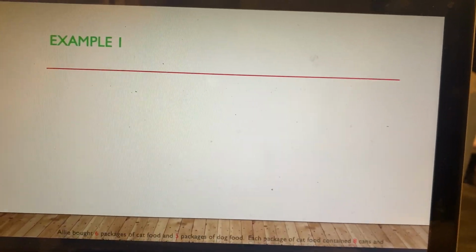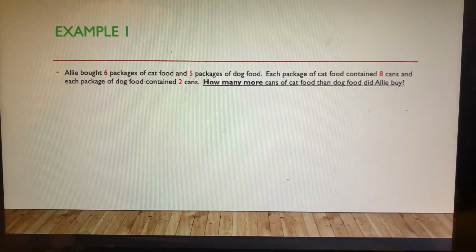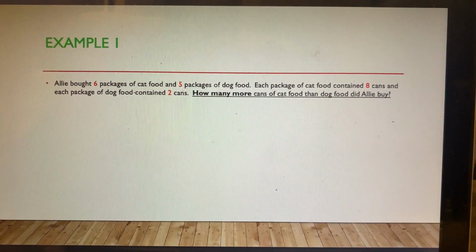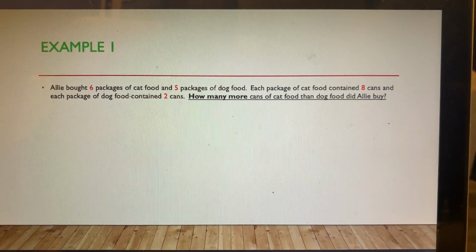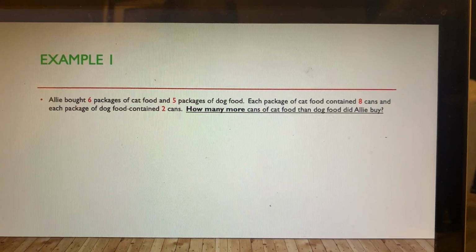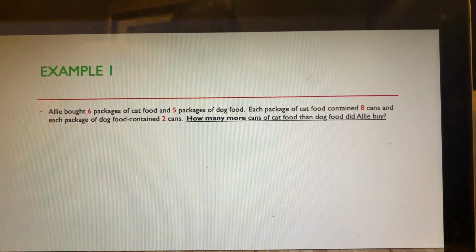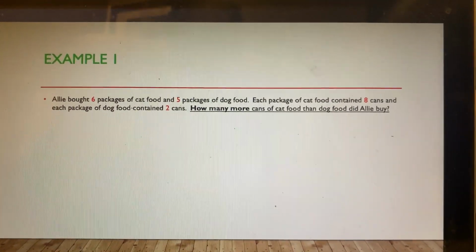So our first example is going to be, Allie bought 6 packages of cat food and 5 packages of dog food. Each package of cat food contained 8 cans, and each package of dog food contained 2 cans. How many more cans of cat food than dog food did Allie buy? So the first thing we want to do is go through our cubes.